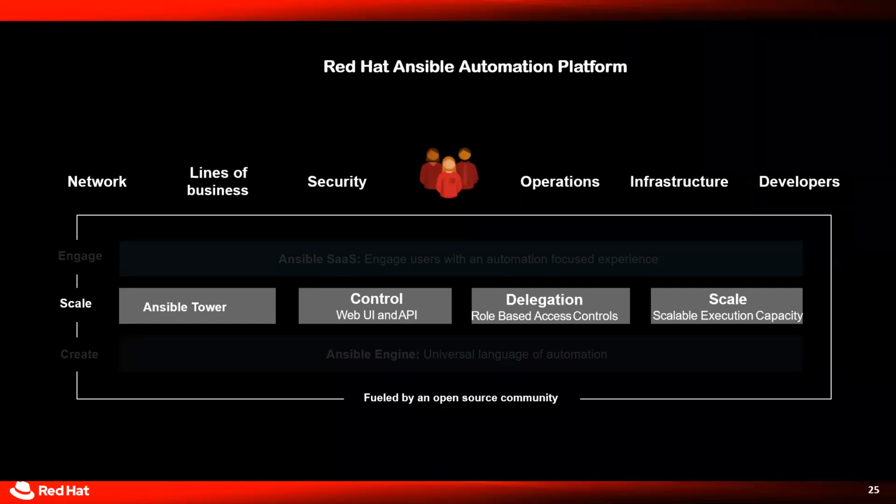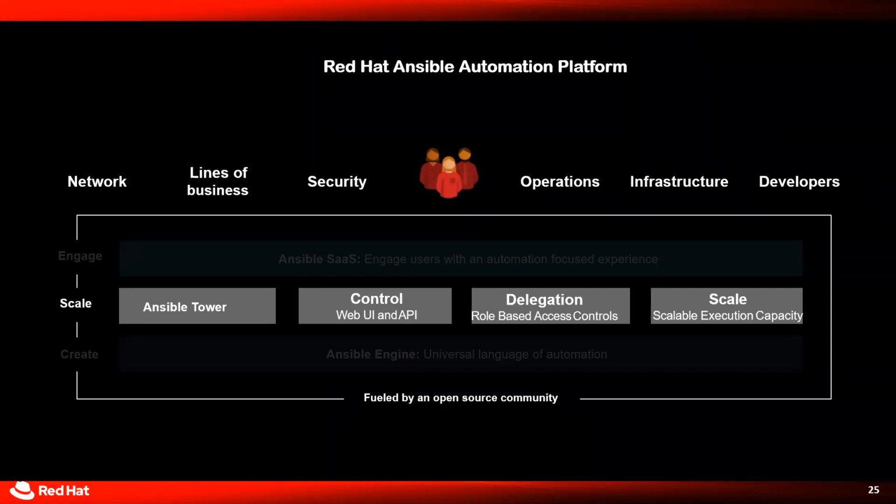If you observe Ansible Engine, you have not seen any role-based access control or web UI in Ansible Engine. So Ansible Engine is text-based automation, where you don't have features such as web UI, APIs, and role-based access control.